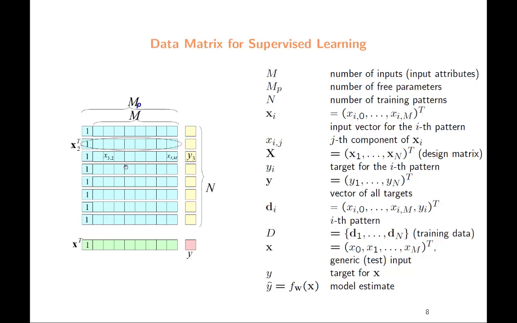From this we want to get a model which is good at this. m is the number of inputs, MP is the number of free parameters, n is the number of training patterns. xi is the ith input, so it's the ith pattern with components 0 to m, and xi0 is always 1.